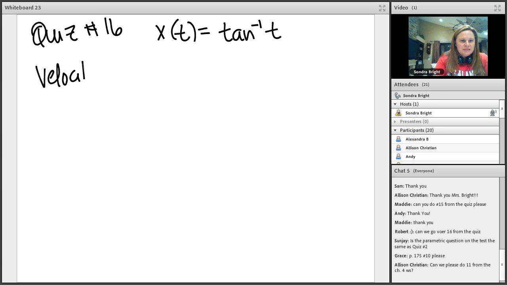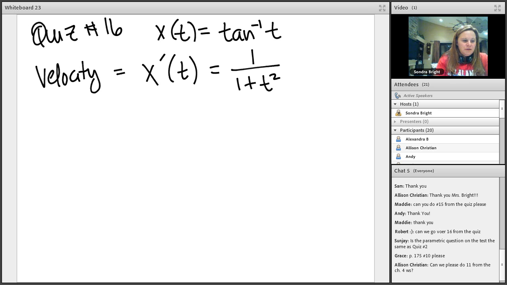So velocity is the derivative. It's the derivative of this function, which for inverse tangent is 1 over 1 plus t squared. And so I'll call that v of t.